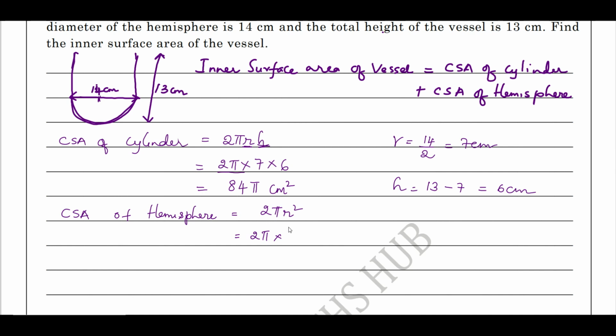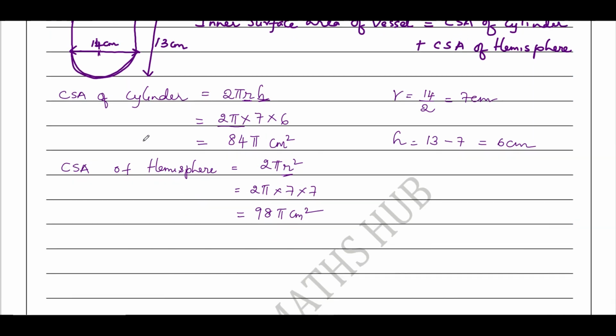The radius of the hemisphere is 7 actually, so that is 7 into 7. 7 7s are 49. 49 into 2 is 98 pi centimeter square. Students, be careful when you are substituting the radius value and height value.